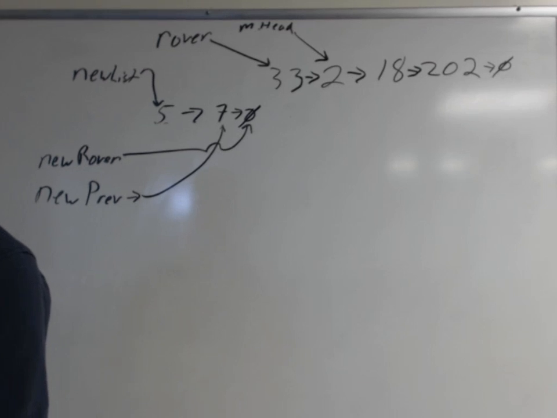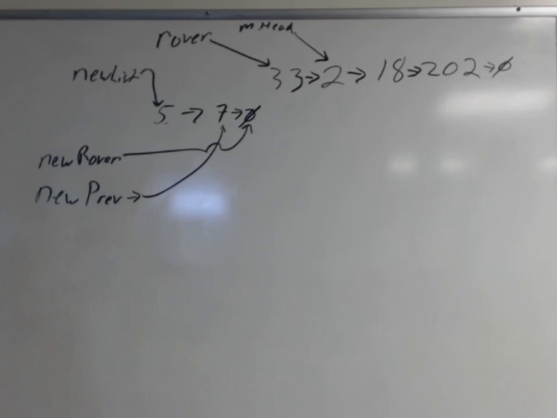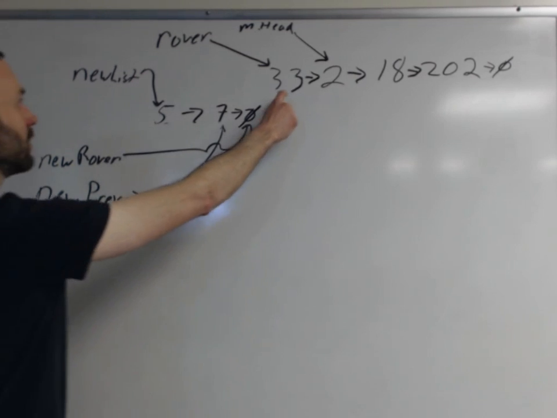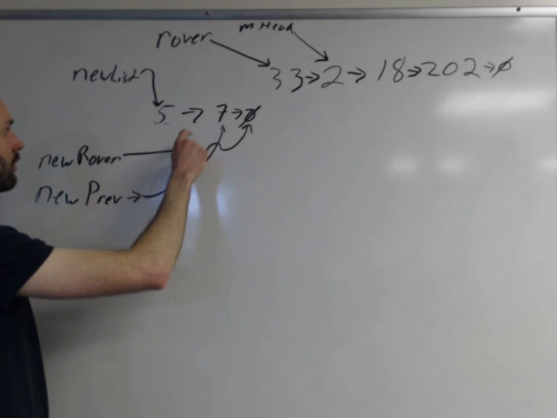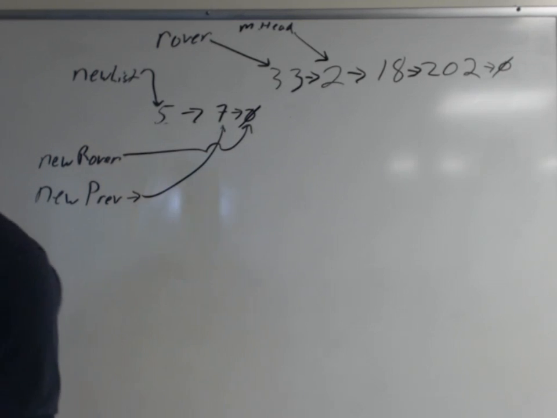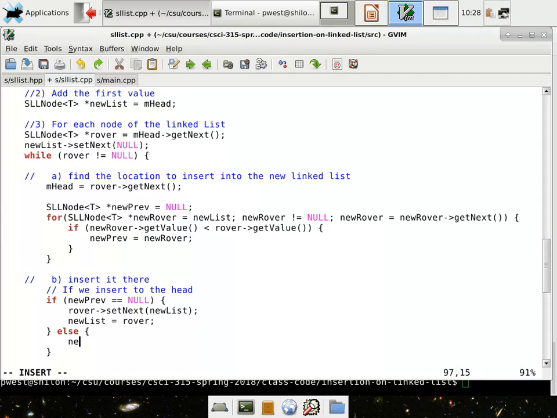All right. So what do we want to have happen here? We've already done that. So we know new prev, we know that this value needs to go after the new prev. So we're going to want to update new prev.